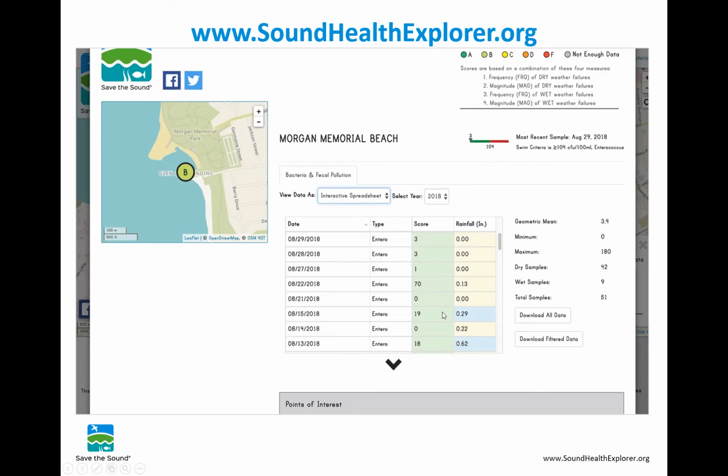And if it was considered a wet weather event, which would be 2.4 inches or greater rainfall, we make it blue. So you can quickly scroll through and see, was it raining? Wasn't it raining? And what kind of failure rates you had. And then we have summary data here. And of course, you can turn on the other points of interest and see if you're near a wastewater treatment plant or what your local coastal watershed looks like, and a whole bunch of other useful information.